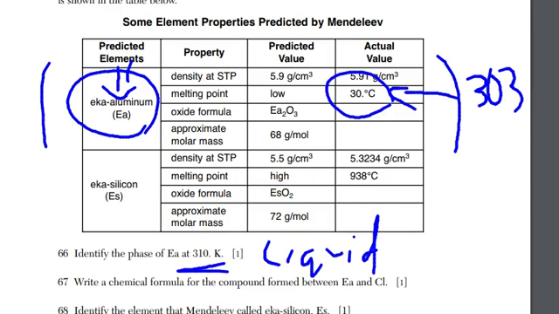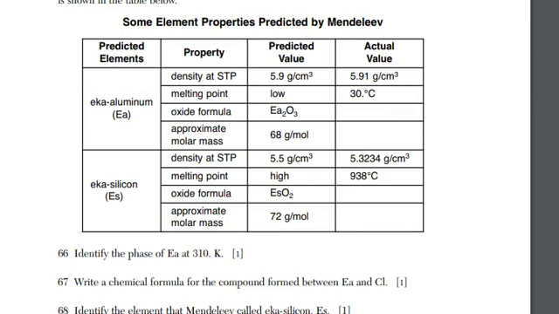All right, for 67, you're asked to write a chemical formula for the compound formed between EA and Cl. So we got to do a little detective work here. Let me erase this and let's check it out. If you take a look at the oxide formula, it's given as EA2O3.